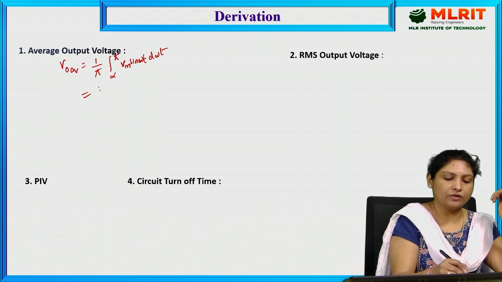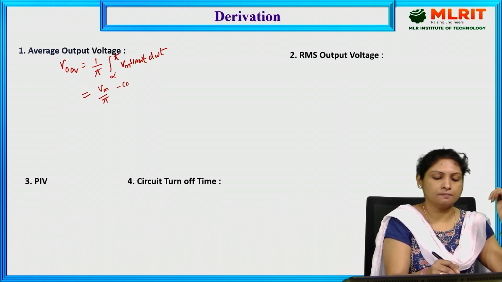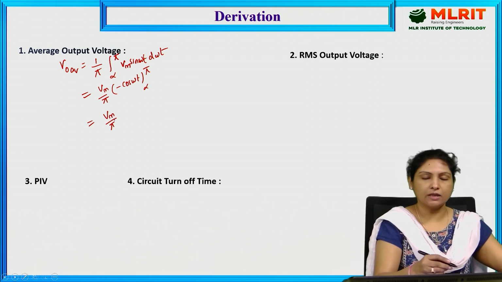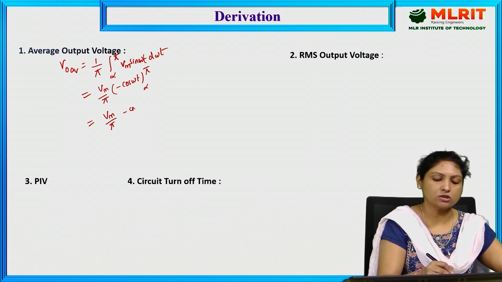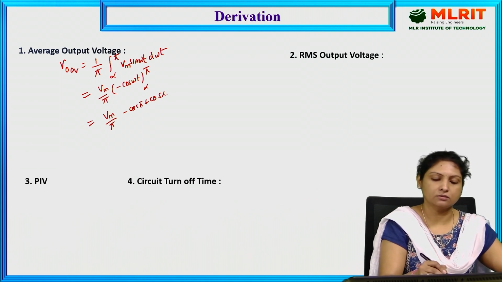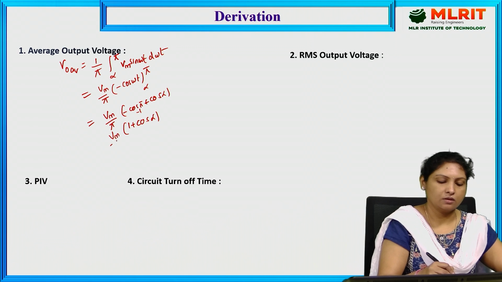Vm by pi is constant, bringing it out. Integration of sin omega t is minus cos omega t, within the limits alpha to pi. Substituting the limits, upper limit minus lower limit: minus cos pi minus of minus cos alpha, that is plus cos alpha. Cos pi is minus 1, so minus of minus is plus 1. So V naught average is Vm by pi times (1 plus cos alpha). This is the V naught average expression.